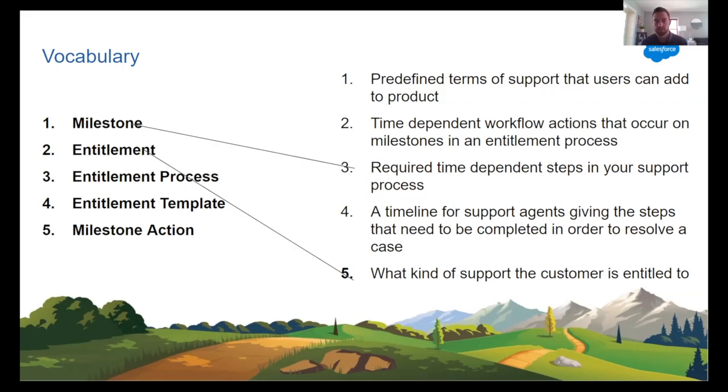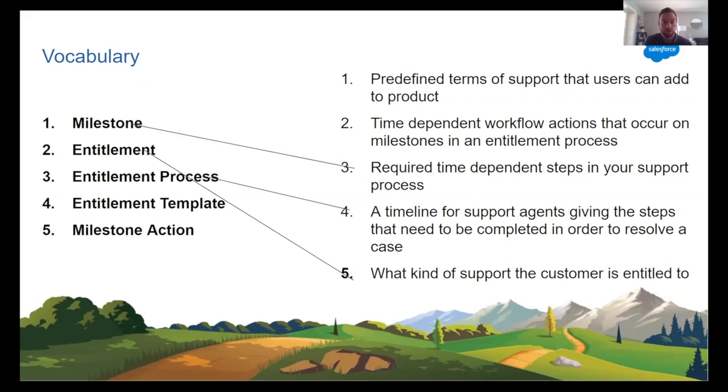Entitlement process. Number 1. Entitlement process is the timeline support agents give that need to be completed in order.